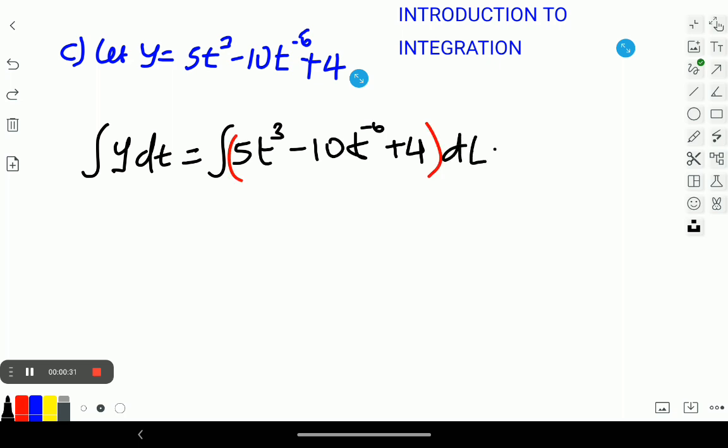Since we already used the method, at this point I don't need to do it one by one, so let me just do it once.